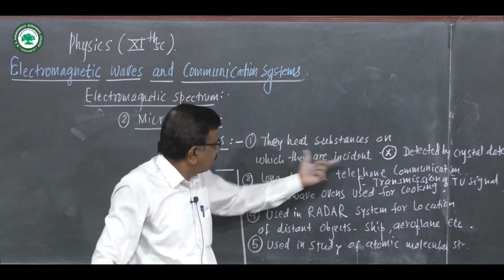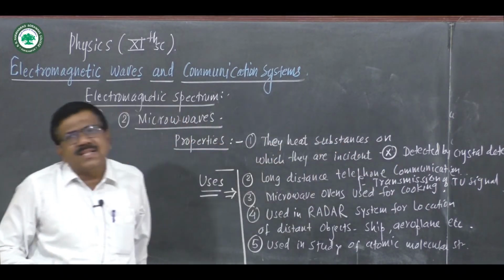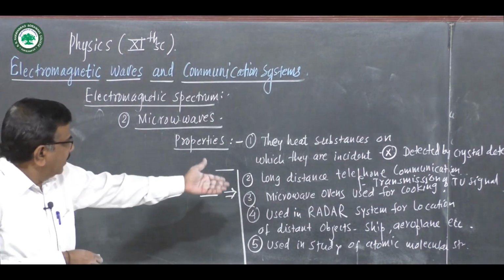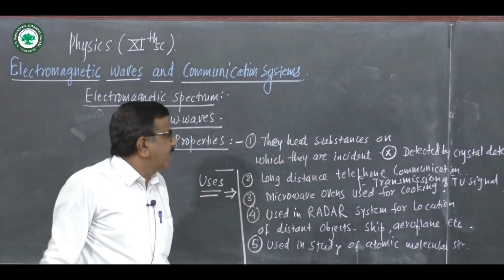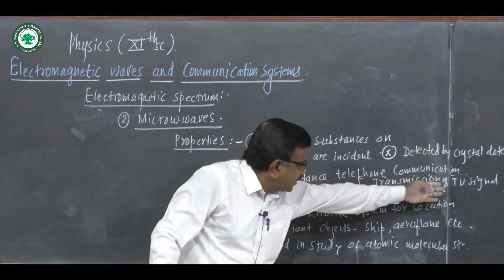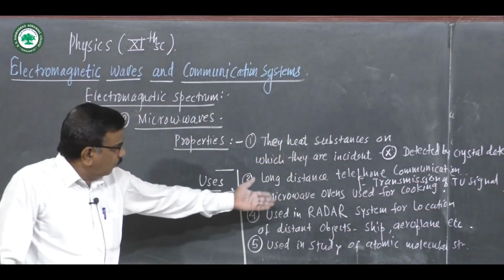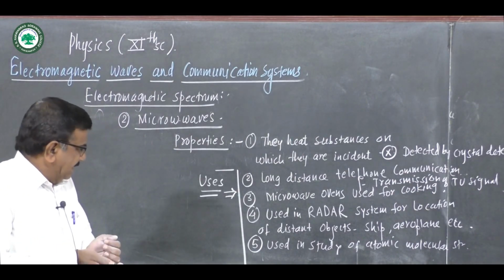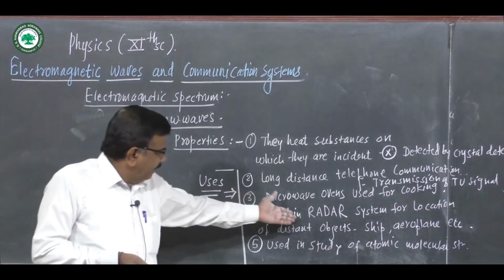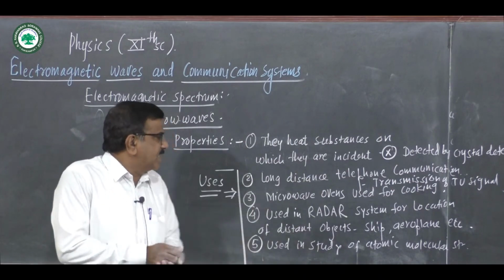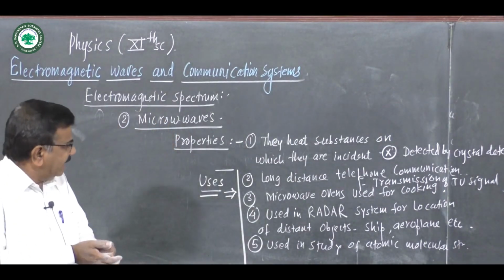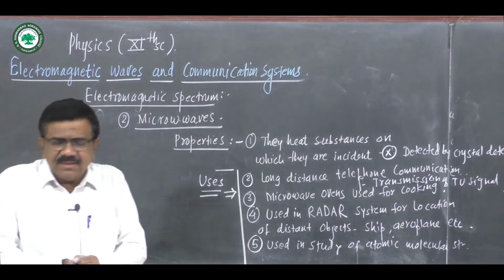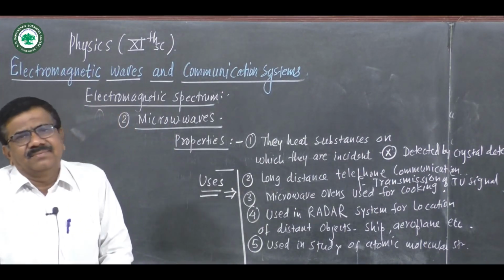They hit the substance on which they are incident, and they are detected by crystal detectors. Microwave ovens are used for cooking, and they are used in radar systems for location of distant objects such as ship, aeroplane, etc. And they are used in the study of atomic and molecular structure.